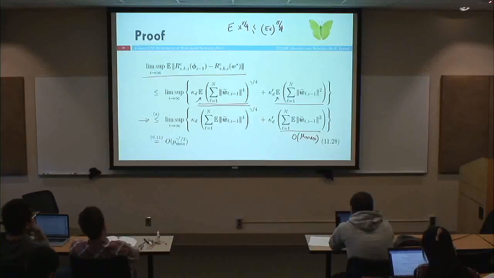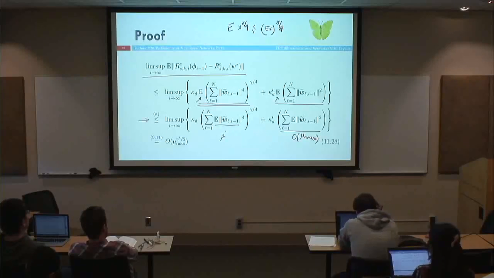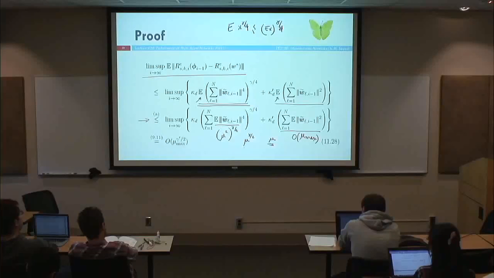Well, now everything is done, right? Look here. This is of the order of mu. What about here? This is mu max squared to the gamma over 4, so this will be mu to the gamma over 2 from here and mu from here. Now, what would be the ultimate result? It depends on which one of these dominates. Remember that gamma is between 0 and 4.